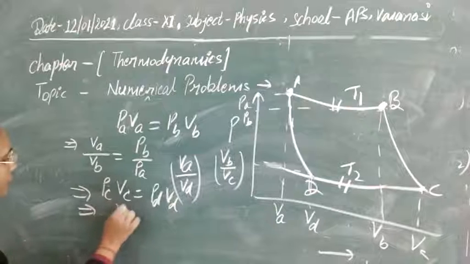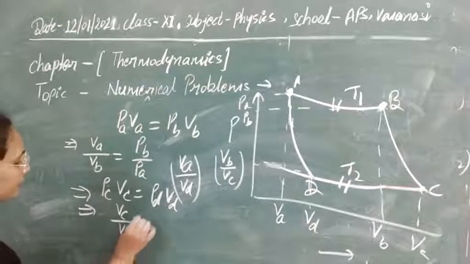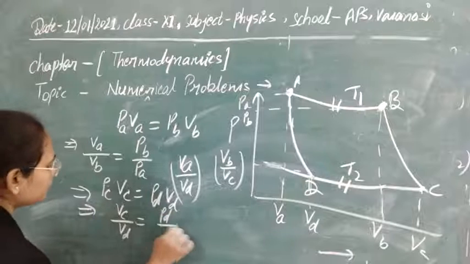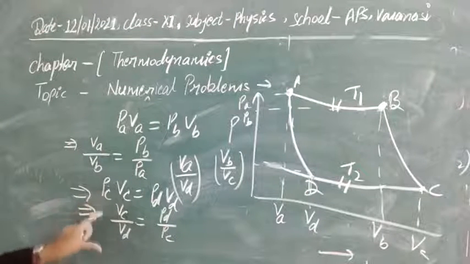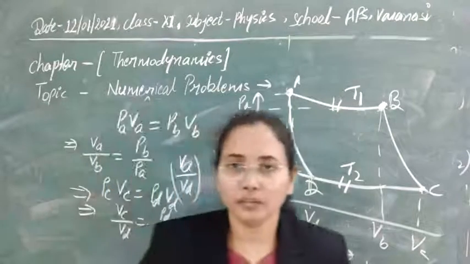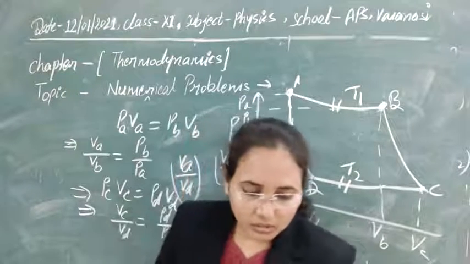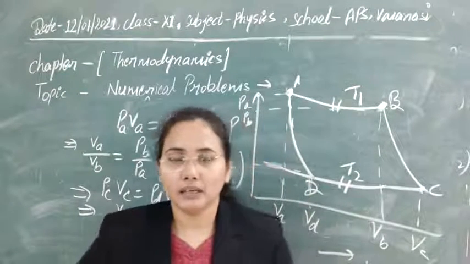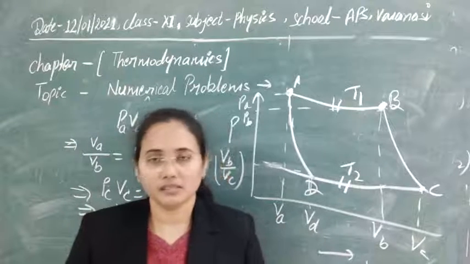Here also you can calculate the value of VC upon VD, that is PD upon PC. Again, just compare these two. You can calculate their values, but they will be different here. These two ratios are not the same, but in the case of adiabatic, these two ratios will be the same.